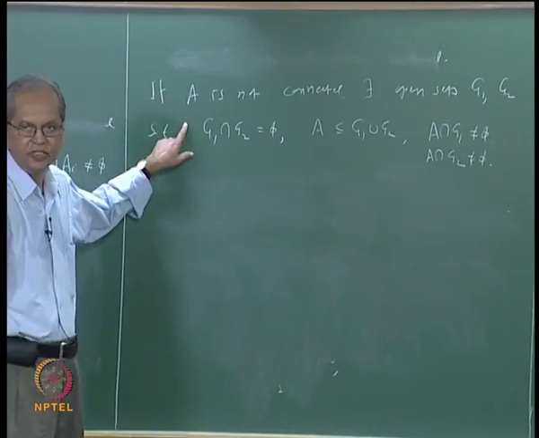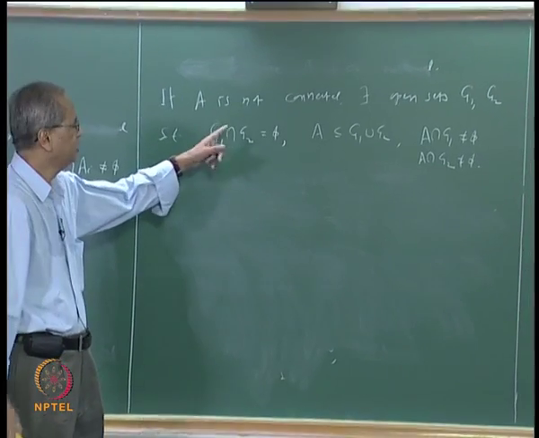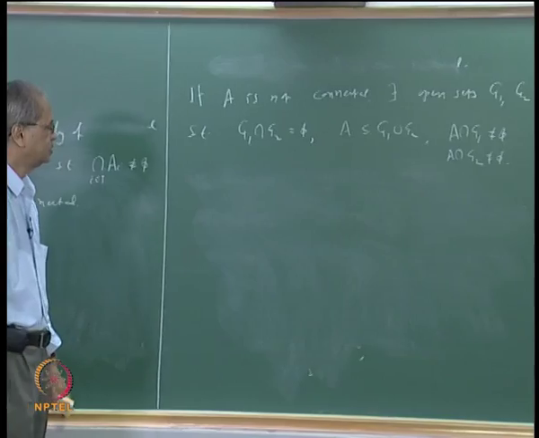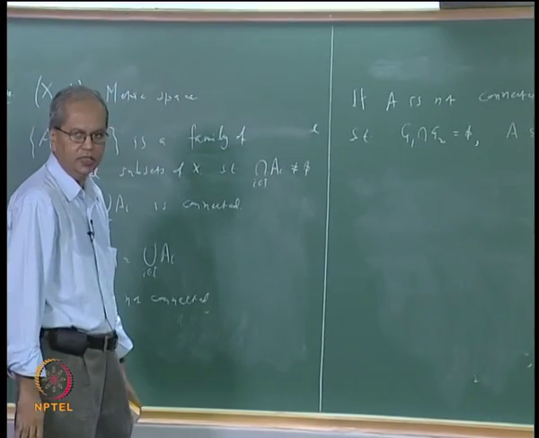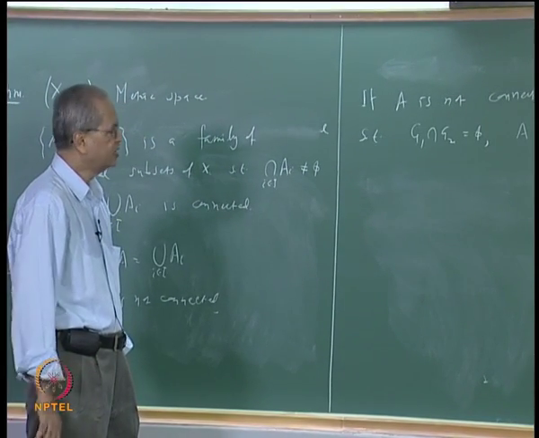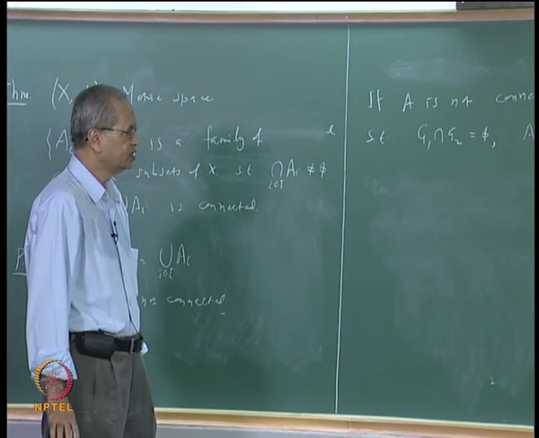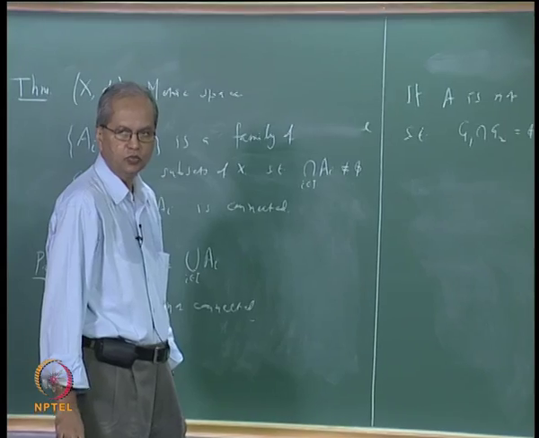If A is not connected, then there exist open sets G1, G2 such that G1 and G2 are disjoint, A is contained in G1 union G2, and A intersection G1 and A intersection G2 both are non-empty.